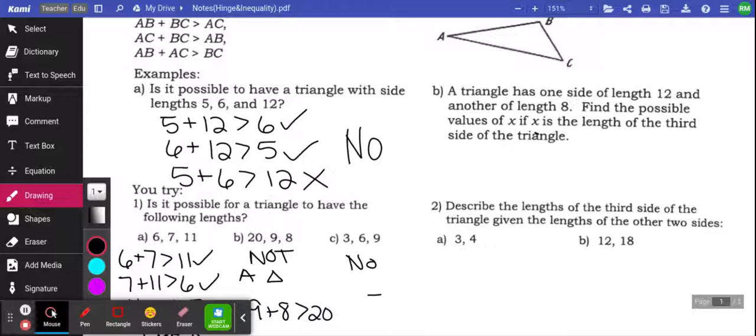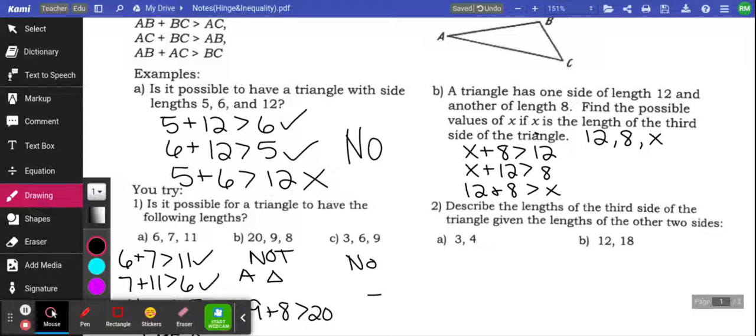This is our side lengths. We have 12, 8, and x is unknown. And we need to set up 3 different inequalities just like we did before. So the first inequality might look like this: x plus 8 is greater than 12. Then you might have x plus 12 is greater than 8. And then 12 plus 8 is greater than x. So those are your 3 inequalities that you should set up.